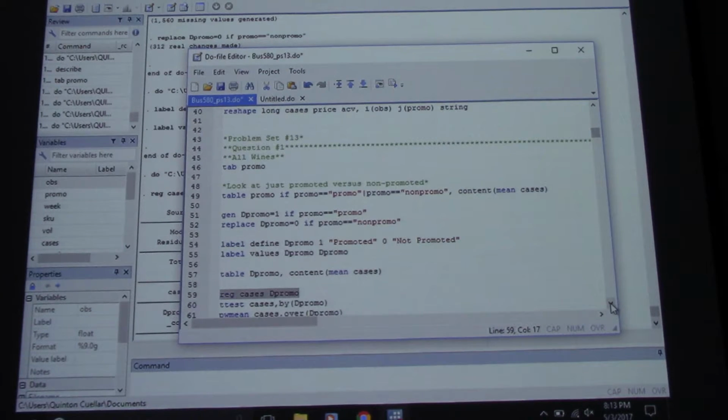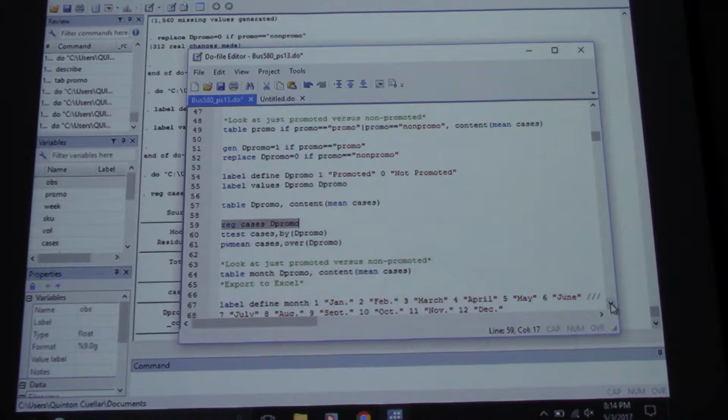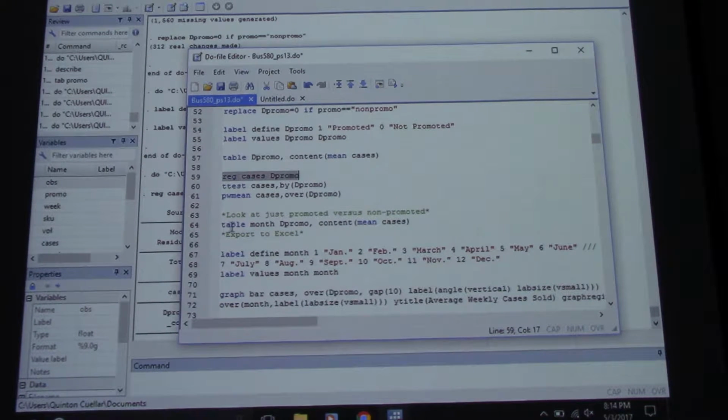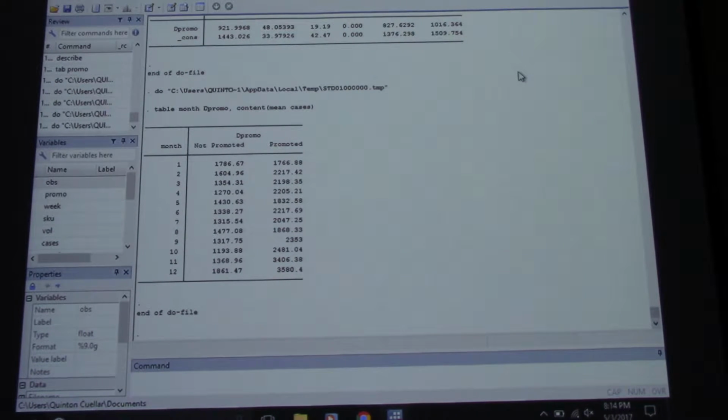Start breaking it up by month. So we should get the same results we had before.